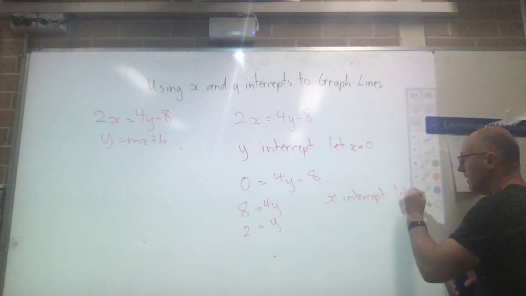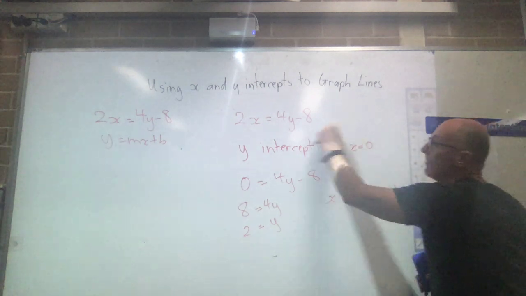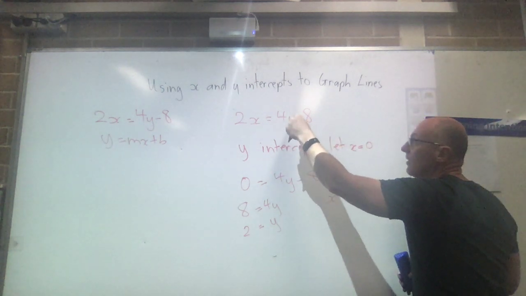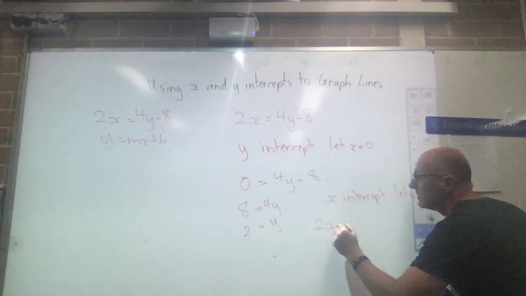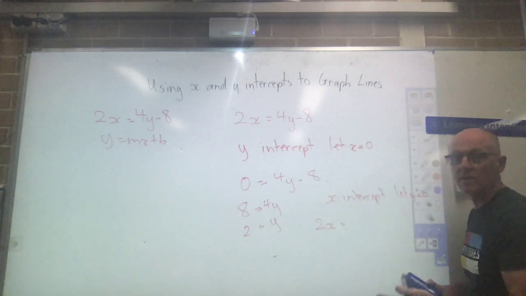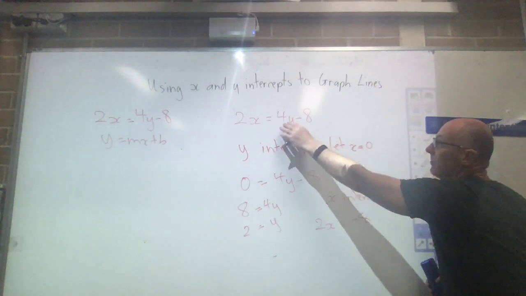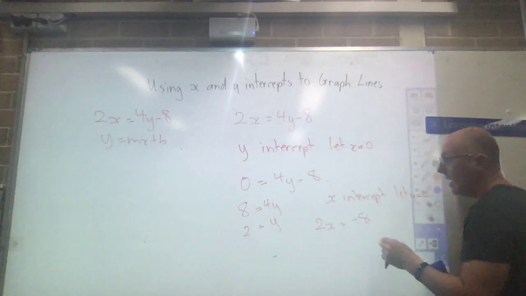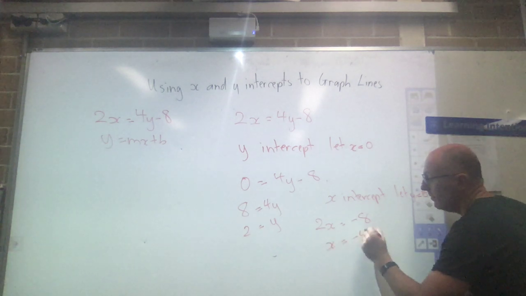Let y equal 0. So we go 2x equals 4 lots of 0, which is 0, minus 8. So this has just become 0, and to solve this equation, x equals minus 4.